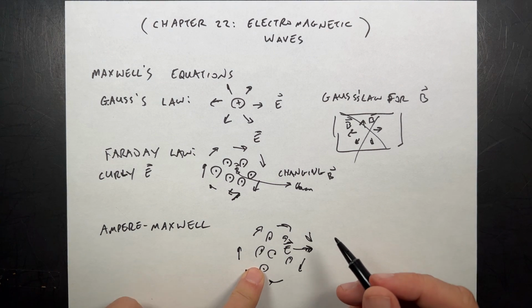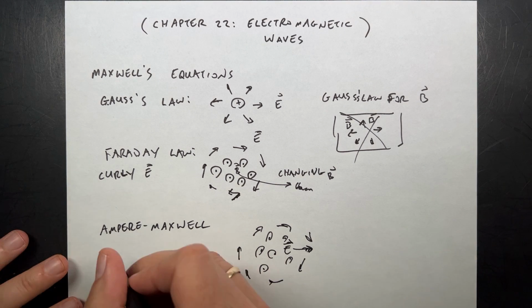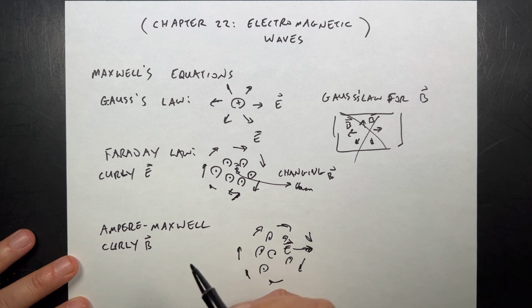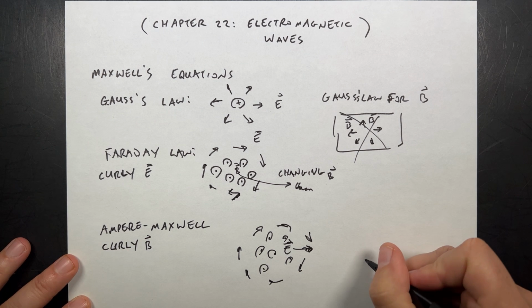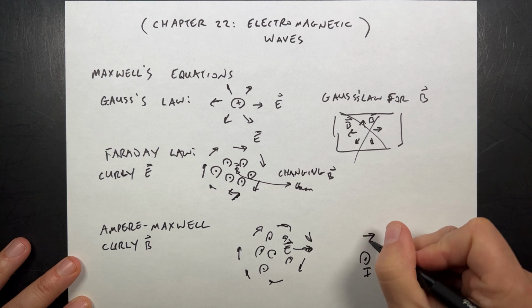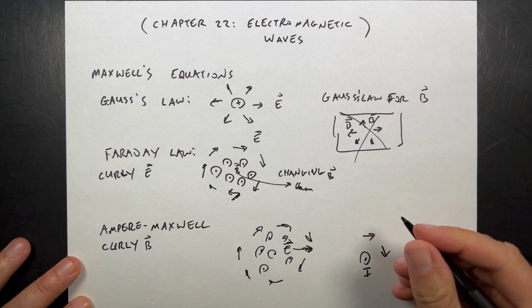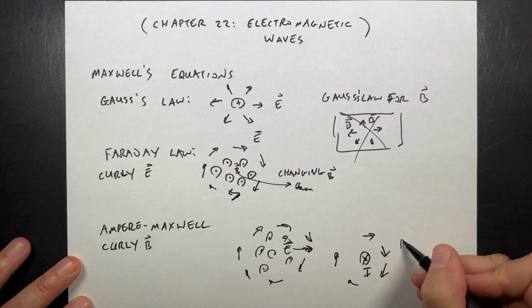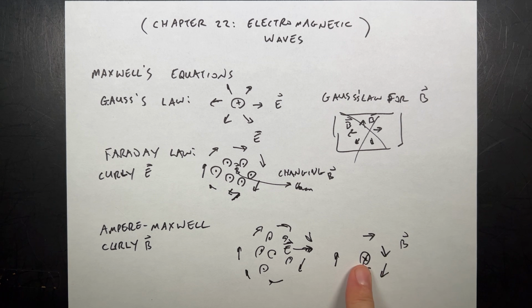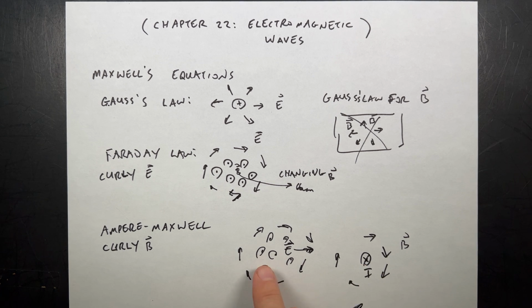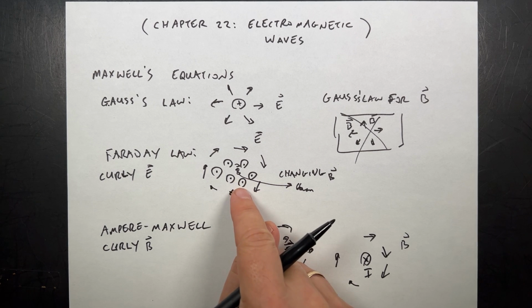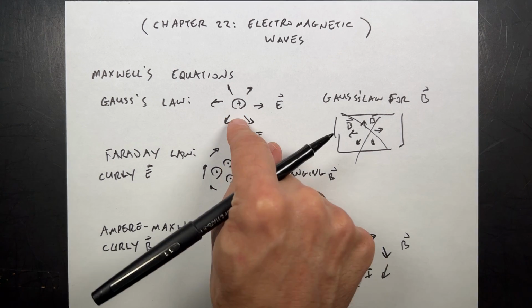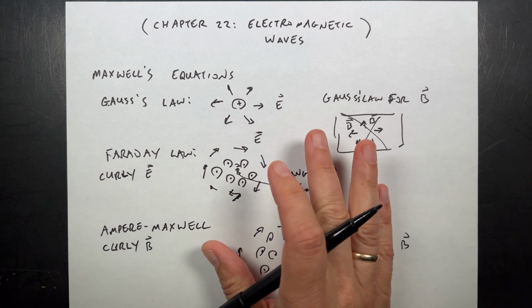So this says a changing electric field makes a curly magnetic field, or a current. Wait, that's backwards. I'll fix this. There are 2 ways to make a curly magnetic field: I can have moving charges, an electric current, or I could have a changing electric field. One of them makes a curly electric field, a changing magnetic field, and electric charges make just normal electric fields.